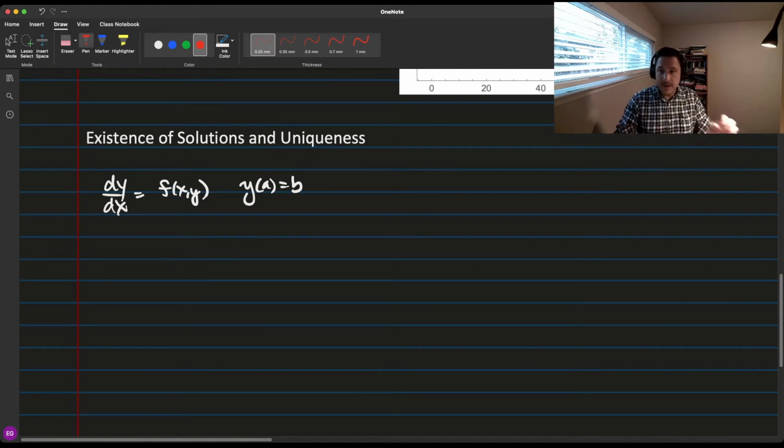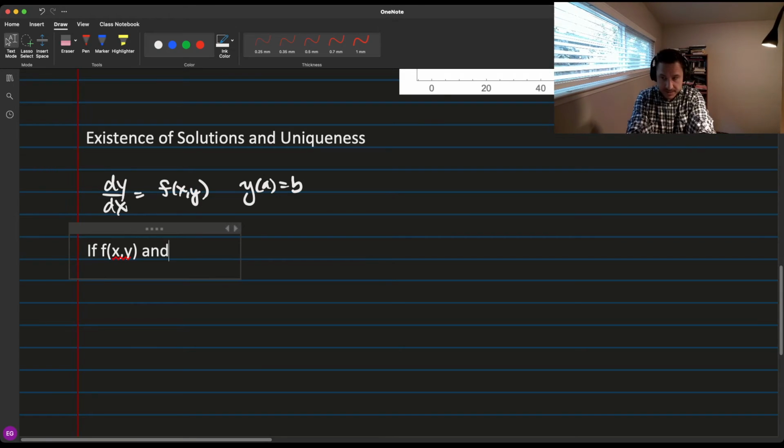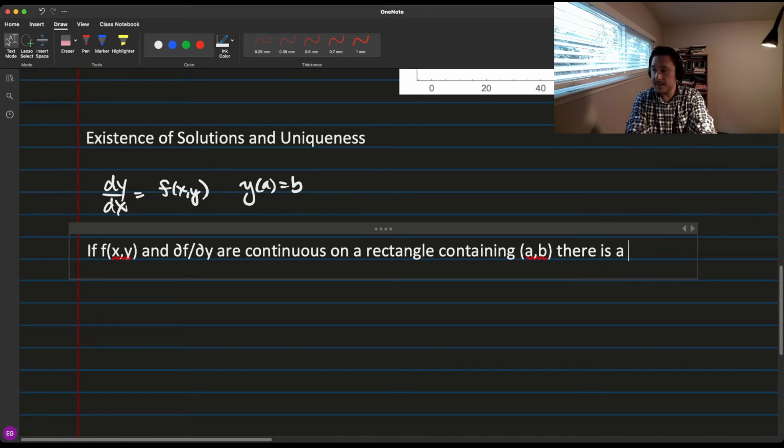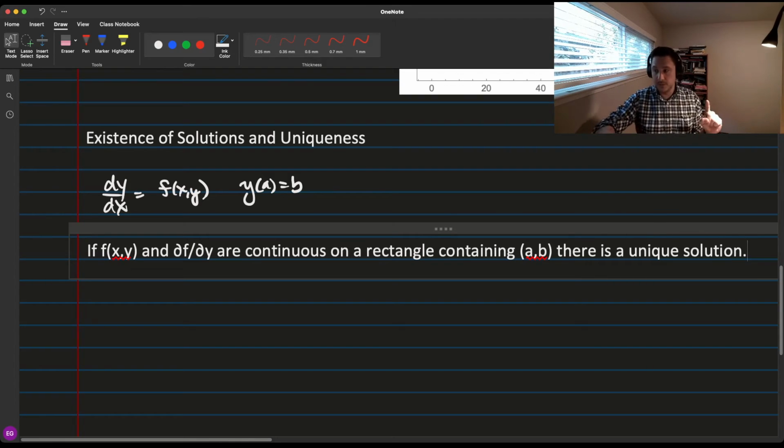So it says that if your derivative, f(x,y), and the partial derivative of f with respect to y are continuous on a rectangle containing your initial point (a, b), there is a unique solution. So not only is there a solution, but it's the only solution.